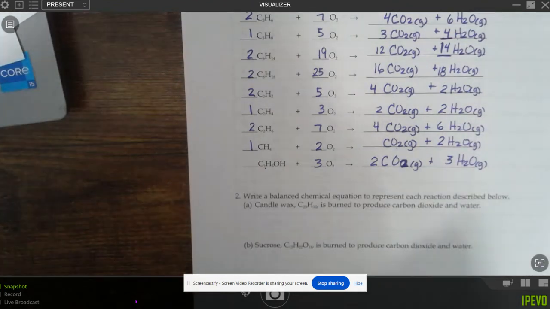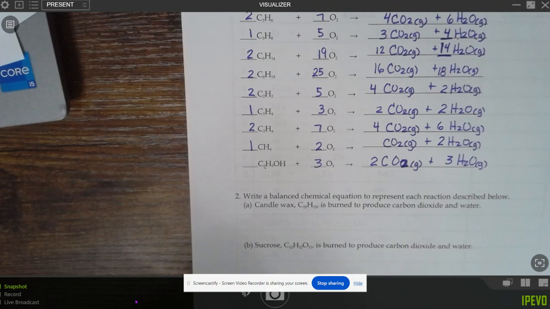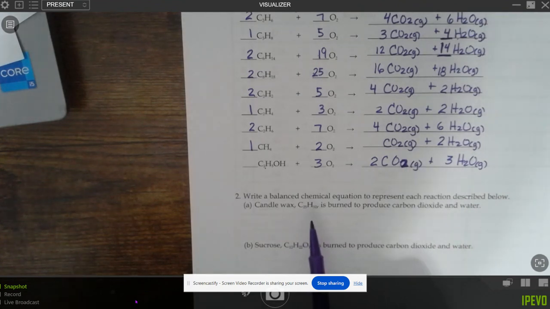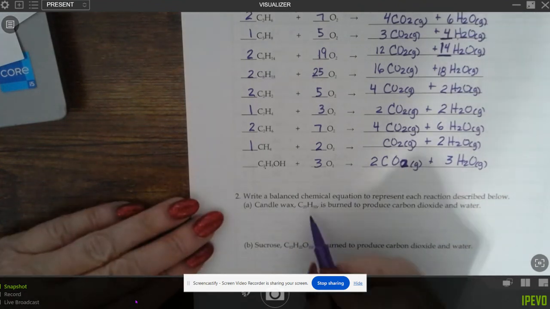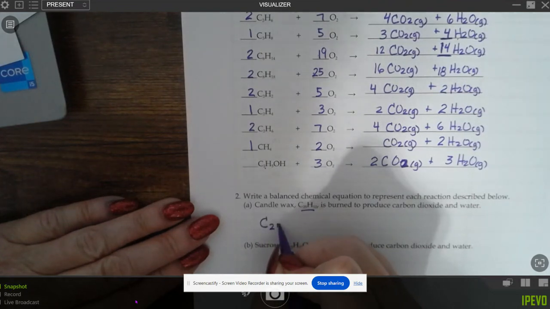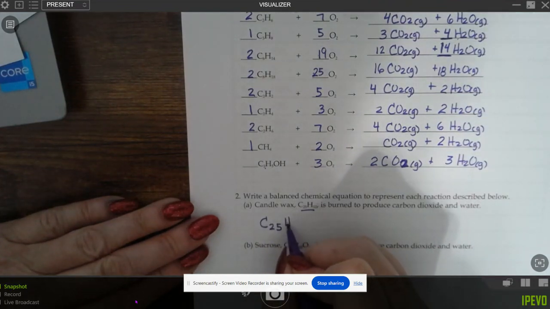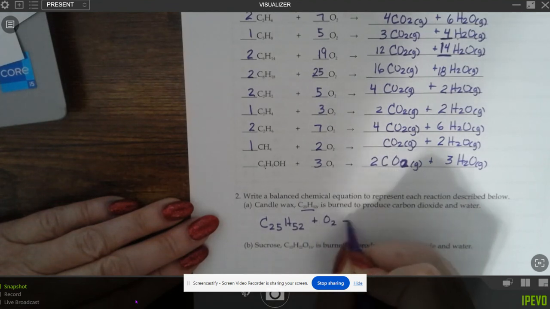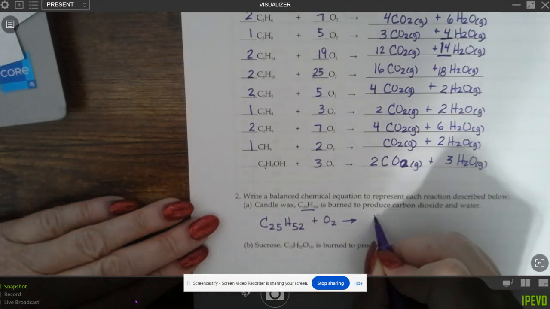I hope practicing all of those combustion reactions helped. If you want to challenge yourself, this is an insane problem. C25H52. Good Lord. I am just going to leave that out there.